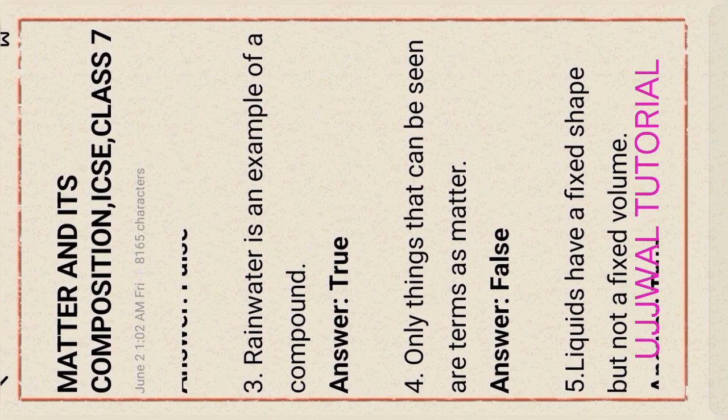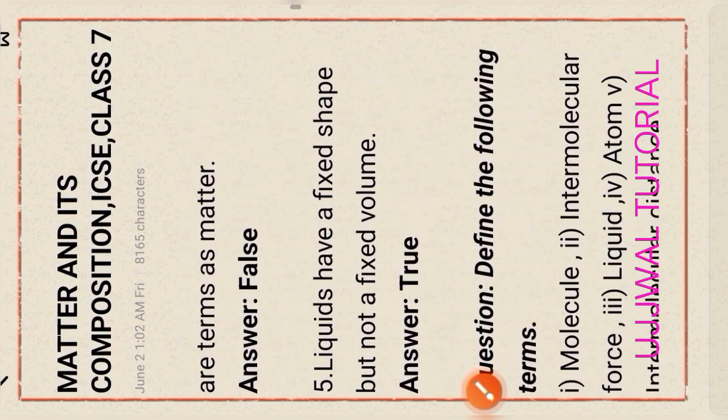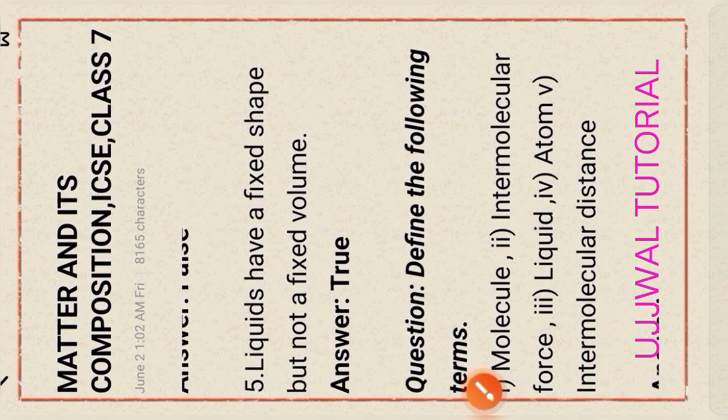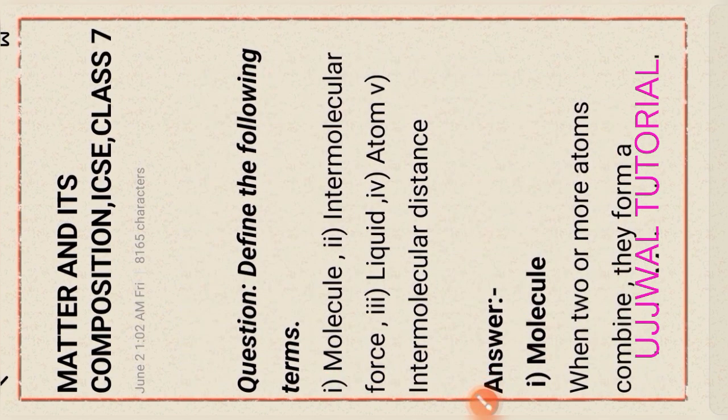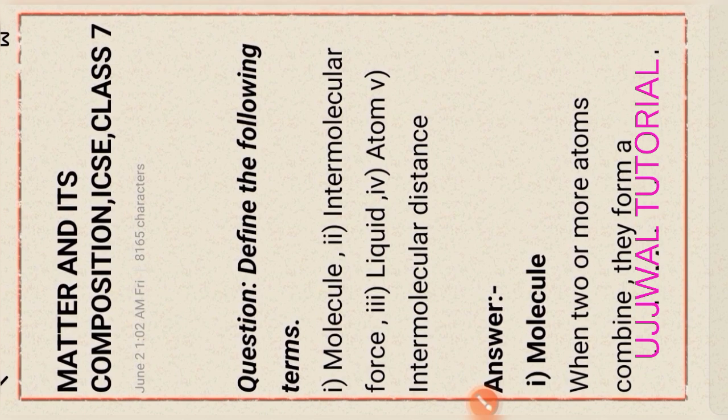Next question, question number 5. Liquids have a fixed shape but not a fixed volume. This statement is true. Next question pattern, define the following terms: molecule, intermolecular force, liquid, atom, intermolecular distance.